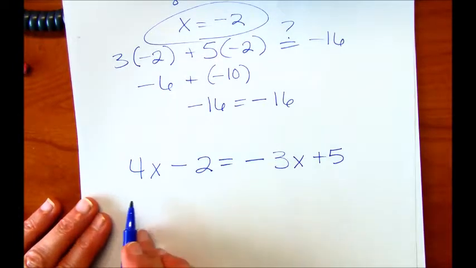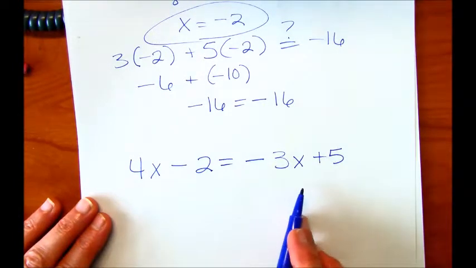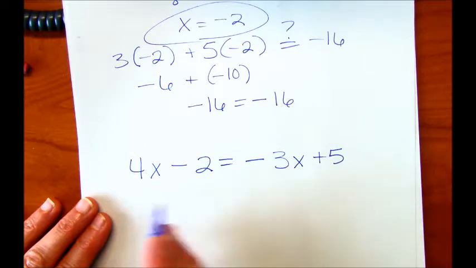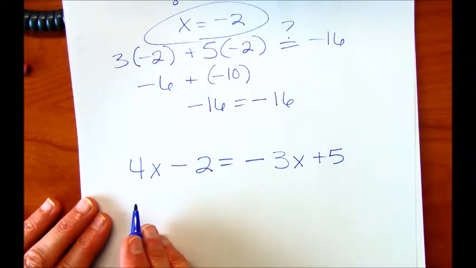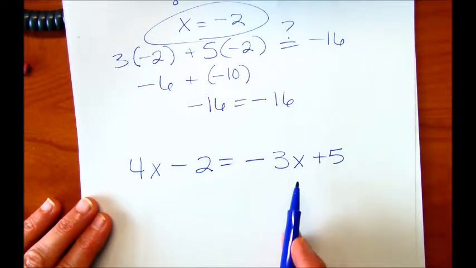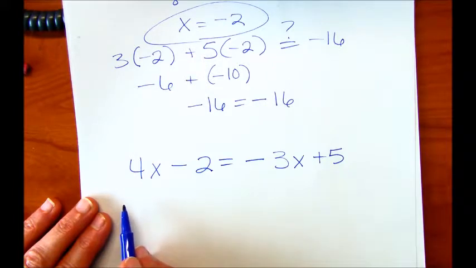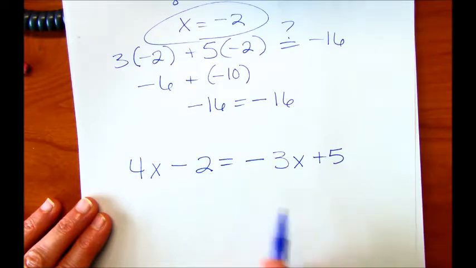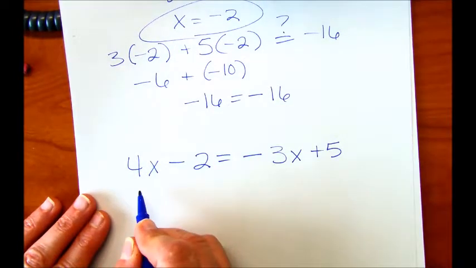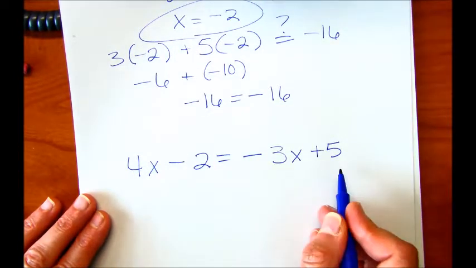It doesn't matter really which way you move numbers around. The thing is that you want to move in one direction for one type of number and then the other direction for the other. So I'm going to move this negative over here and then this negative over here.